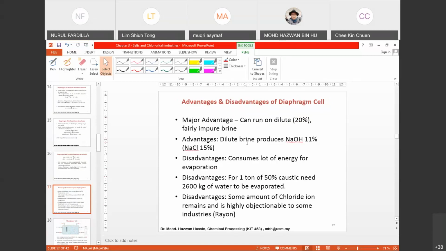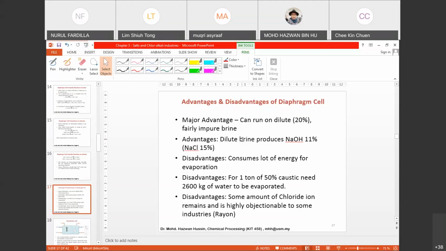The advantages and disadvantages of the diaphragm cell: you will see that the major advantage is it can run on dilute or impure brine solution. So you can use less concentrated brine without any concern about using highly concentrated brine.